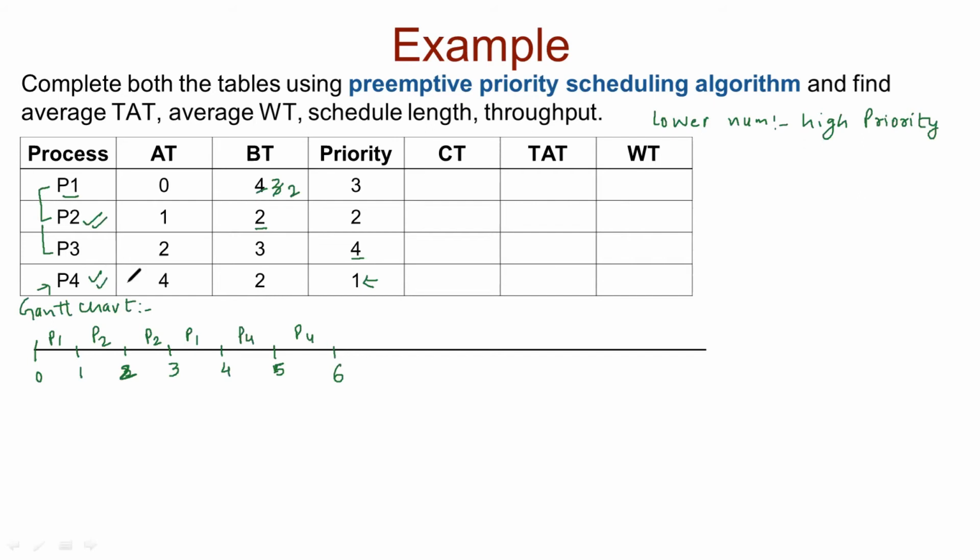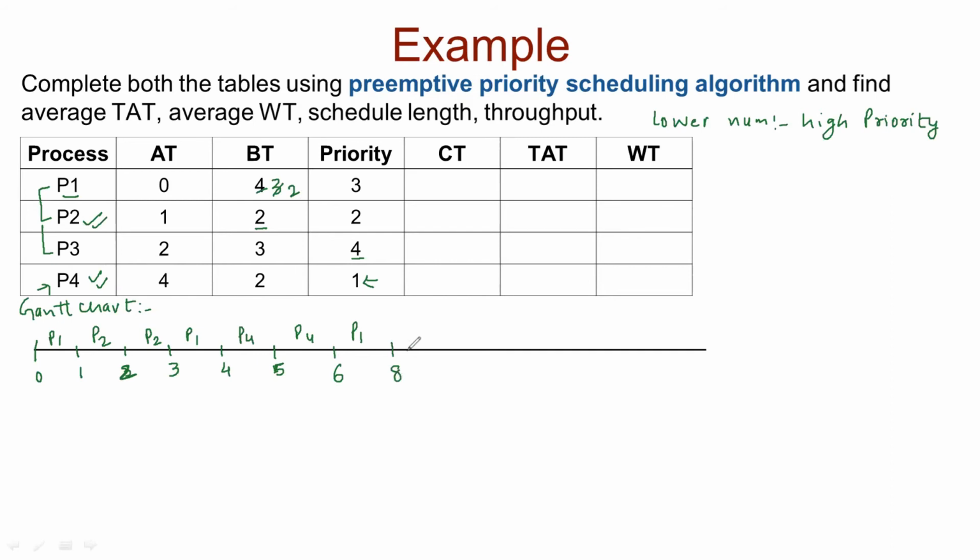Now P4 is done. There are 2 processes left, P1 and P3. So P1 will be scheduled because its priority is higher than P3. It has just 2 units of burst time left. It will continue to execute till 8.